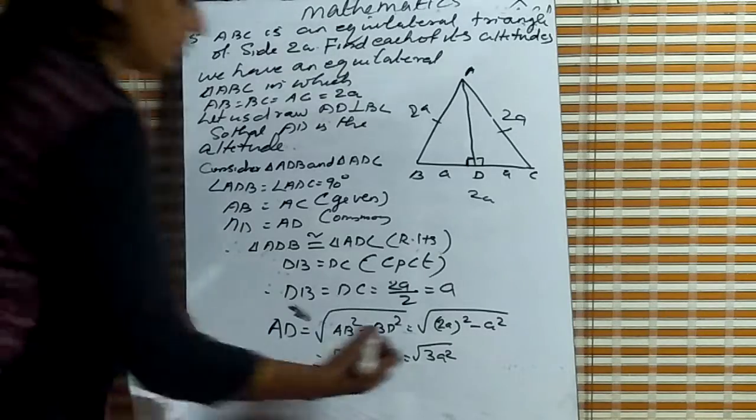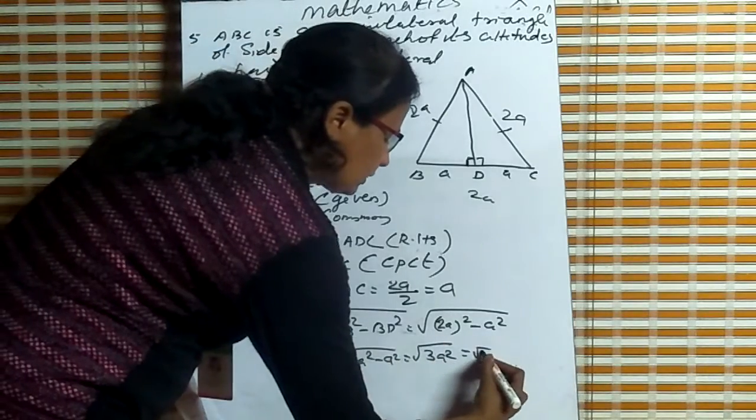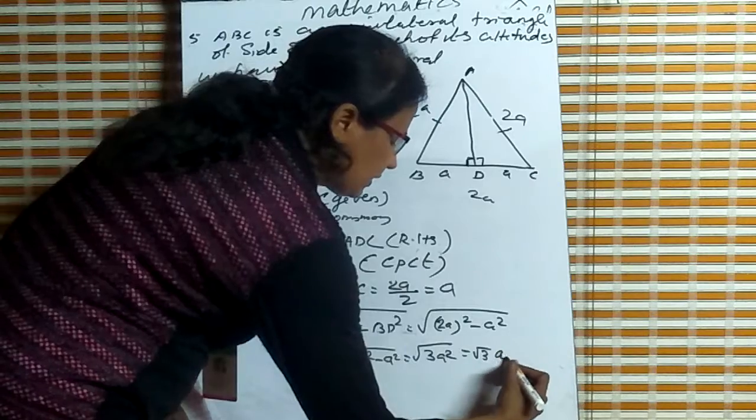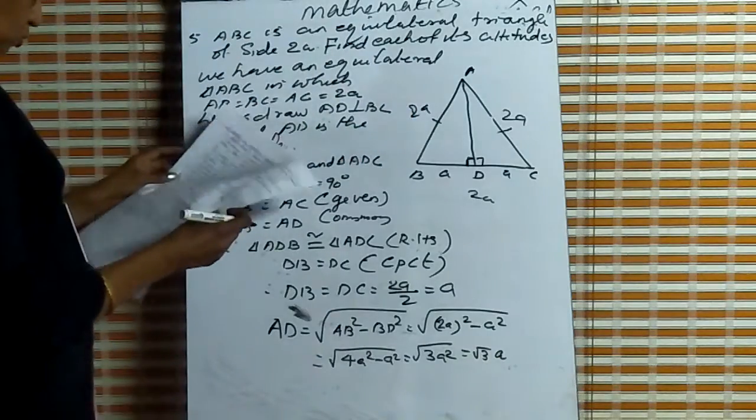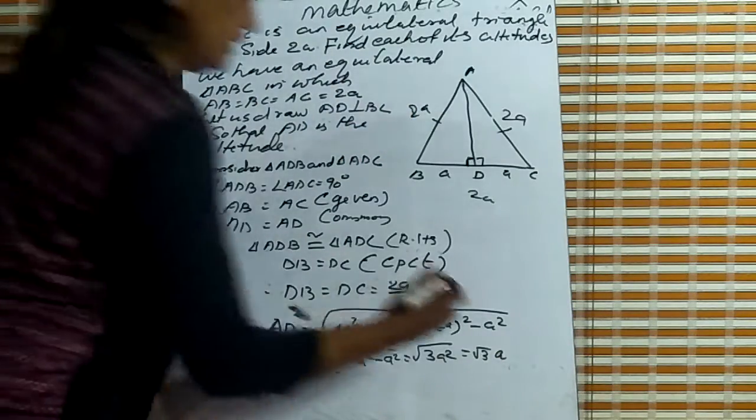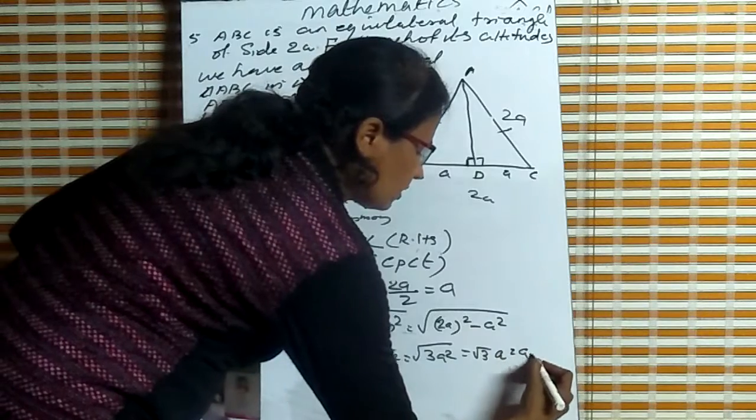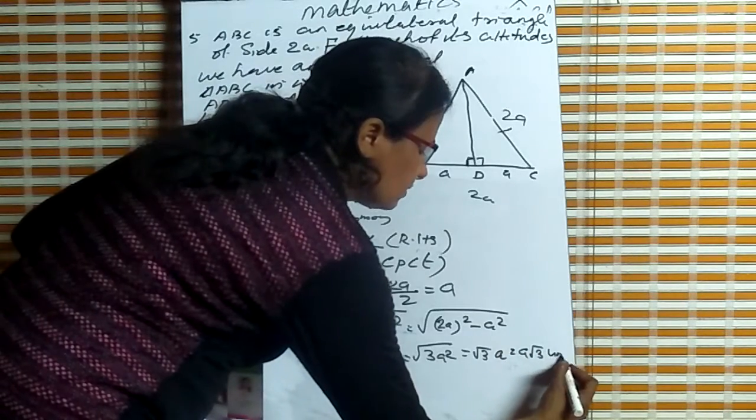Square root of 3A square means root 3 and A square, take A outside: A root 3 units.